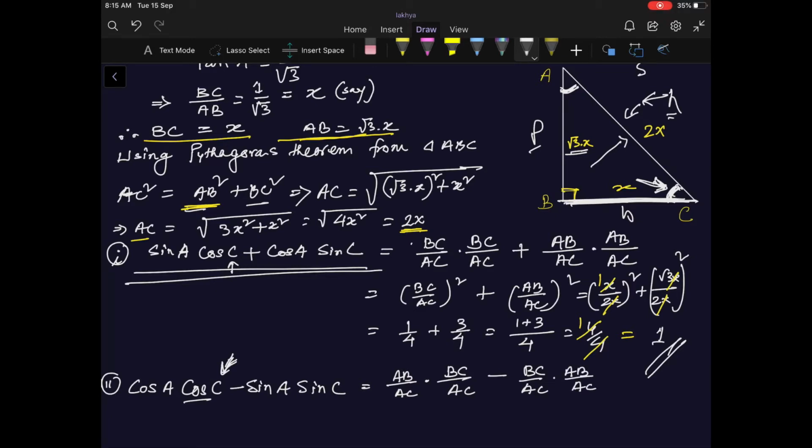Hope you have understood how to take which one is perpendicular, which one is base.